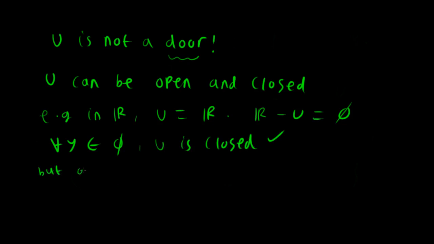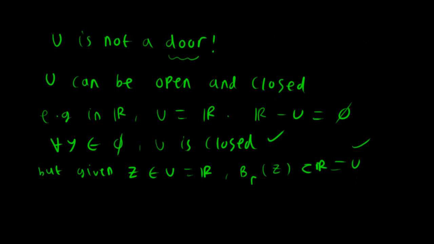But given, let's say, z in U, which is the whole real line, then the ball of any radius for that matter, centered at z, is contained within R, by definition of the open ball, and R is just equal to U. So U is open as well. So U is open and closed.